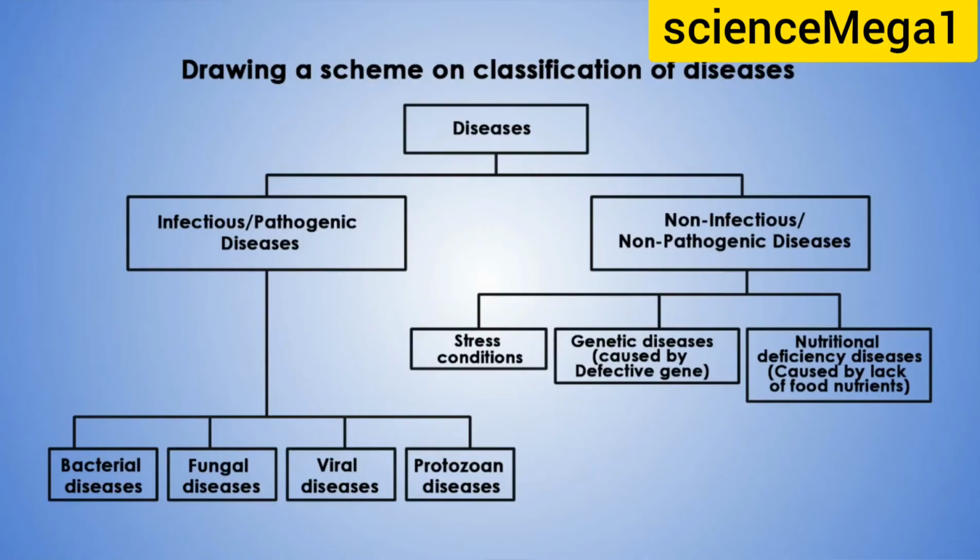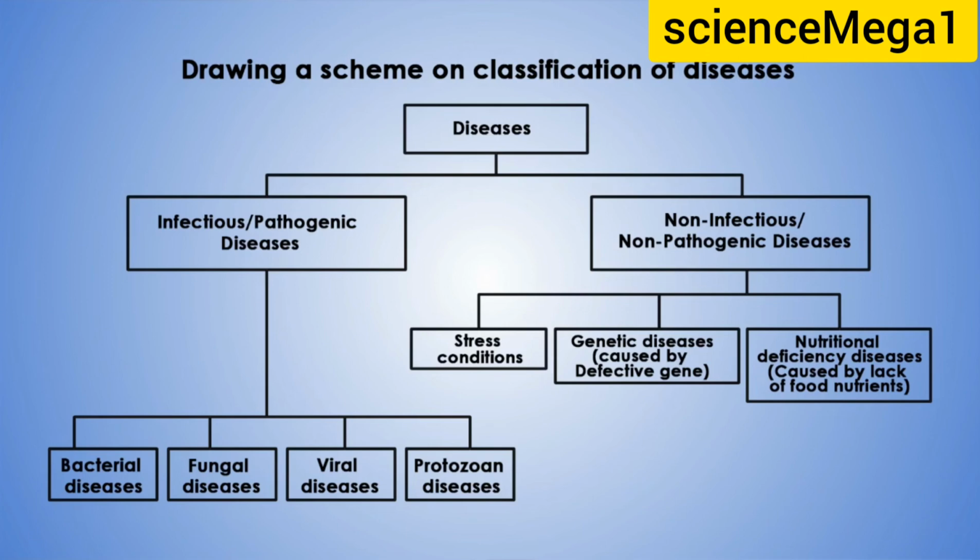On your screen is a table that summarizes all that we have discussed in this lesson. So we started with disease, and we explained what diseases are. And we said diseases are grouped into 2, that is the infectious or pathogenic diseases and the non-infectious or the non-pathogenic diseases. For the infectious diseases, we saw that they are caused mainly by a number of organisms, such as bacteria. So diseases caused by bacteria are referred to as bacterial diseases.